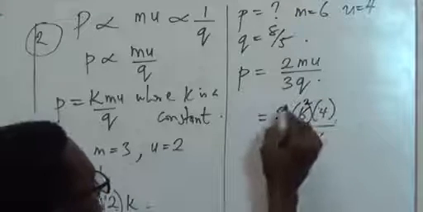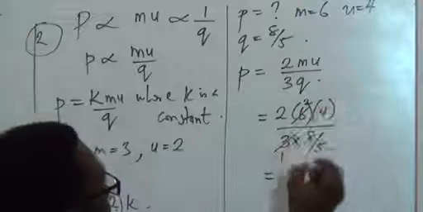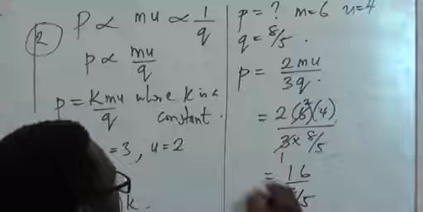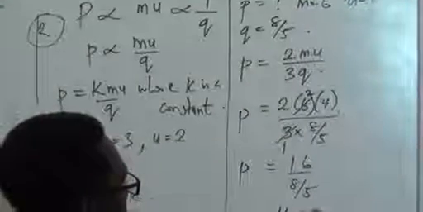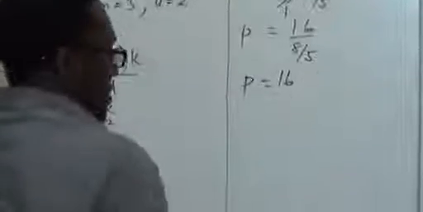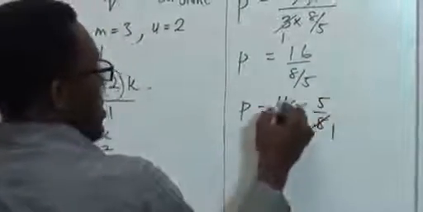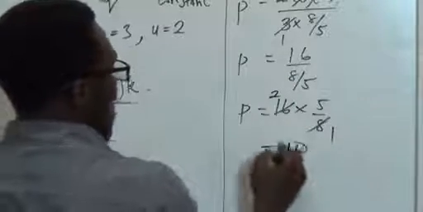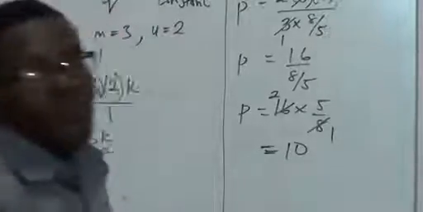So we multiply 2 times 2 we have 4, 4 times 4 we have 16 all over 8 over 5. So P will be equal to 16 divided by 8 over 5, which is the same thing as times 5 all over 8. So 8 goes here 1, 8 goes here 2. 2 times 5 is what? 10. So that's how we get our P for question number 2.